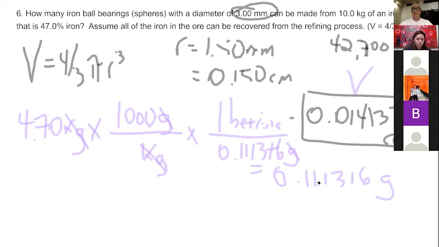The only unit left, ball bearings. I'm left with ball bearings. So 4.7 times 1,000 divided by 0.111316 gives me the number of ball bearings.